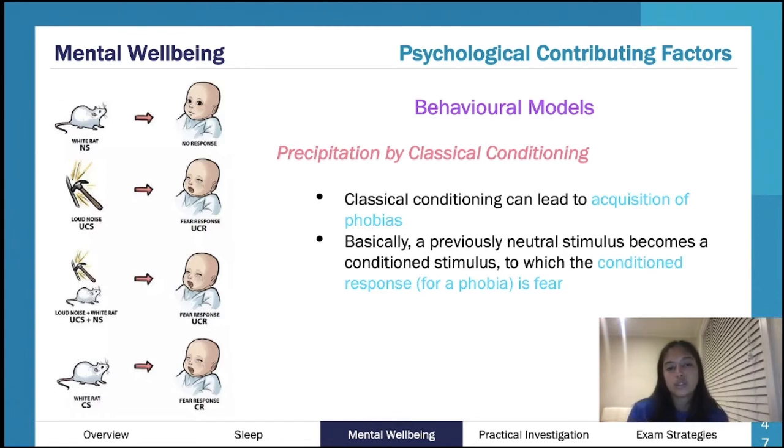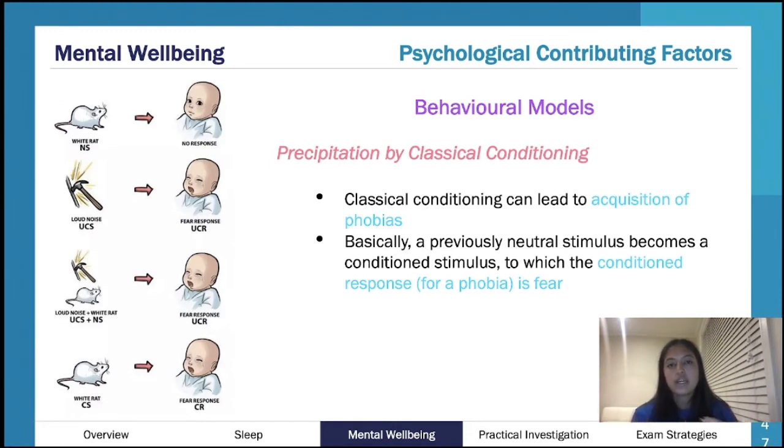So we're using multiple pairings in this situation. However, when we think about precipitation by classical conditioning, because it's almost so traumatic, you don't really need multiple pairings. Just one pairing is enough. But anyway, in this Little Albert situation, they did it multiple times. And then Little Albert was left with this fear of white rats, and he showed stimulus generalization.